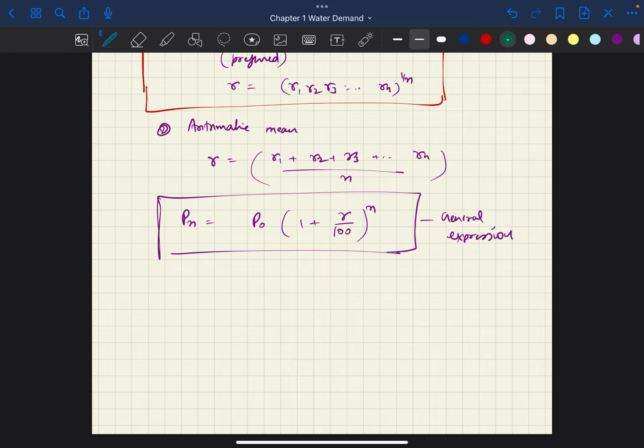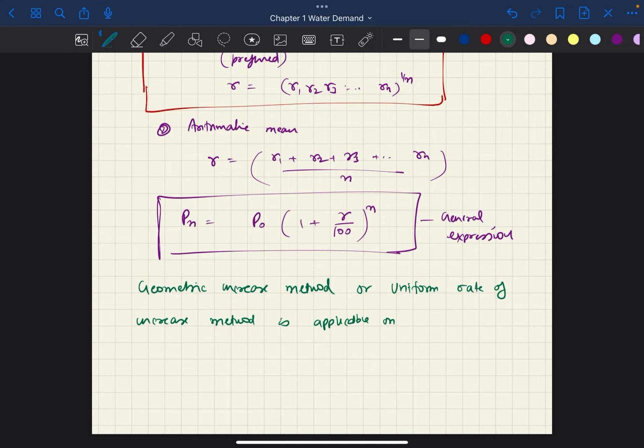And I am writing it again, that geometric increase method, or the other name is uniform rate of increase method, is applicable on young and rapidly developing cities.